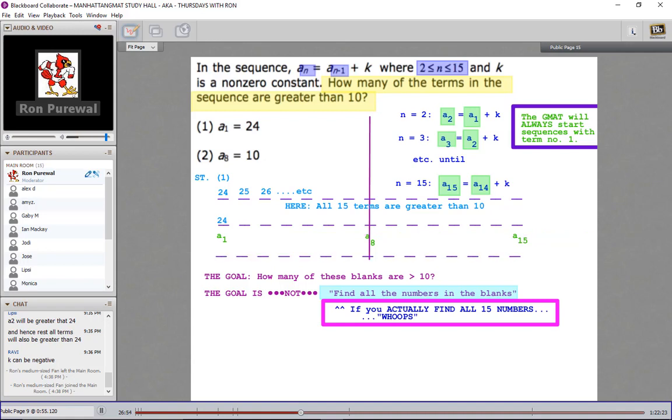So you could make this gigantically negative. You could subtract 100 every time. So like minus 76, minus 176, etc. Here, only 1 term is greater than 10. That's 2 different answers. That's not sufficient.